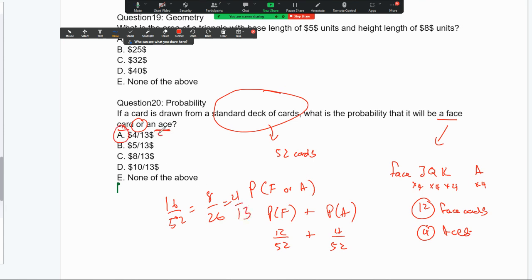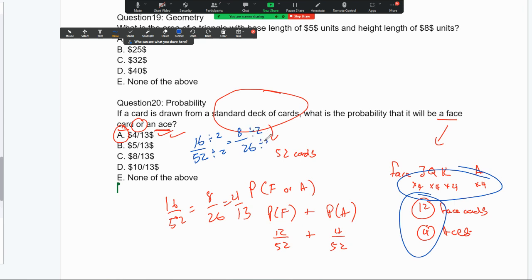And so the correct answer here should be A. How did I get that? Remember, we got 12 plus 4, so we got 16 options out of 52, and then we just simplify. And so we end up with 4 over 13. Okay. Those are the first 20 questions there.